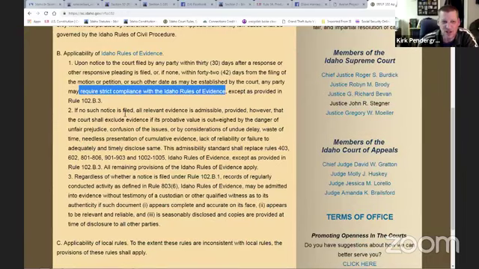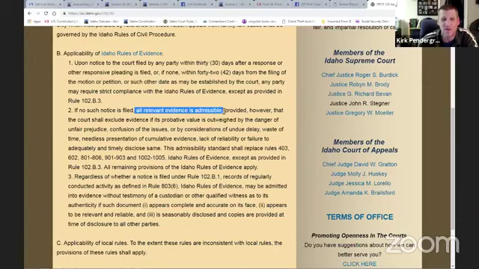Because if no such notice is filed, all relevant evidence is admissible. What did I just show you there? Only strict admissible evidence. This is backwards.